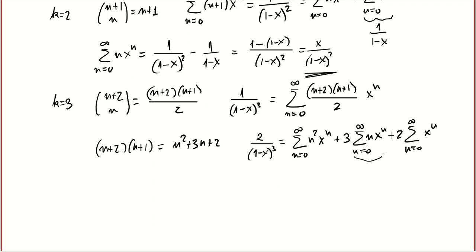And this is the arithmetic geometric, whose sum is this, as we've seen before. And this one here is the geometric series, whose sum is equal to this.